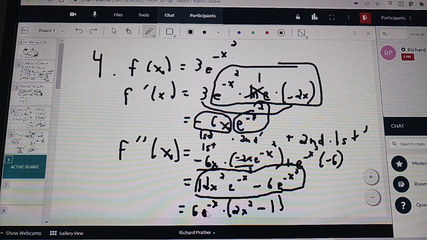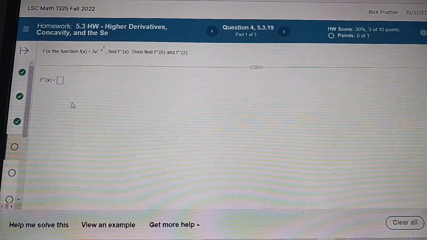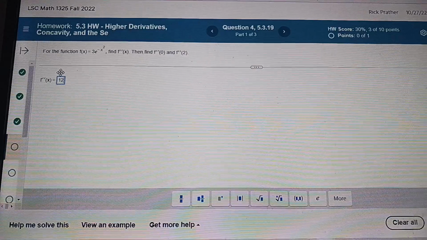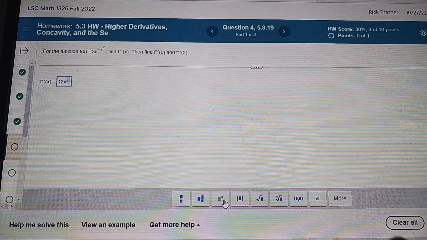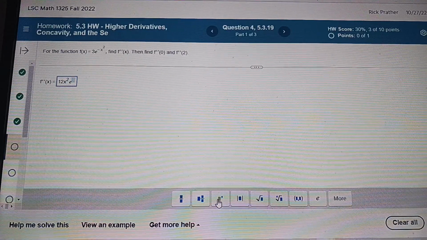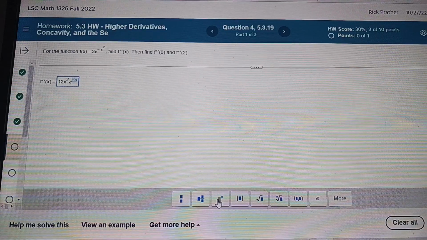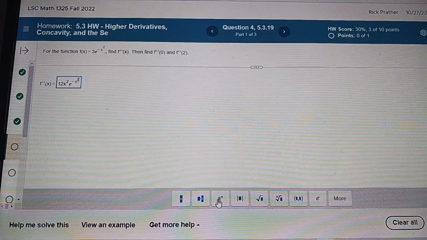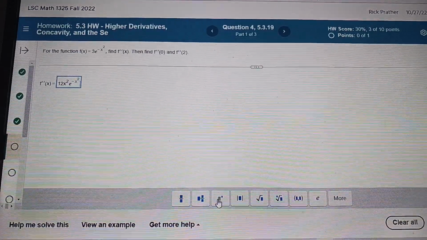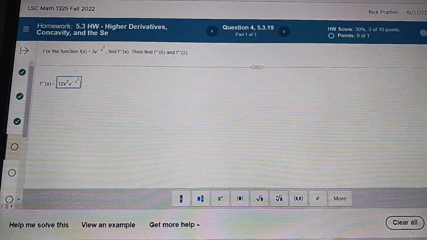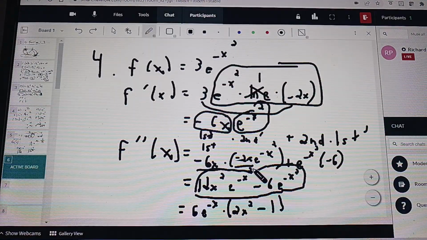Later, we're going to need to do this to see when it equals 0, but for now, we don't really have to, so I could just leave it in this first format. 12x squared e to the negative x squared, an exponent inside of an exponent. 12x squared e to the negative x squared minus 6e to the negative x squared.